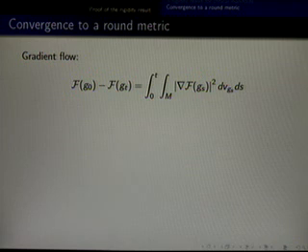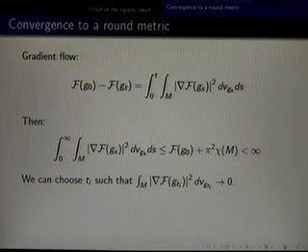Since we have a gradient flow, the derivative of f is given by the L2 norm of the gradient of your functional. If you integrate, it gives you this equality. And by the Gauss-Bonnet formula, it's not difficult to see that the functional f is bounded from below by minus a multiple of the square of the characteristic of your manifold.